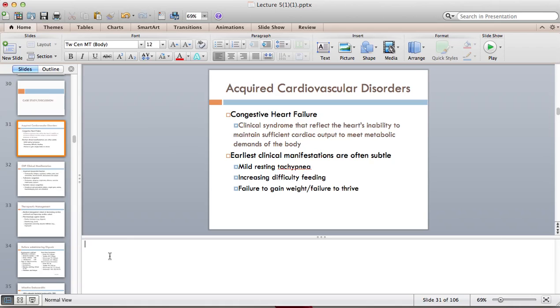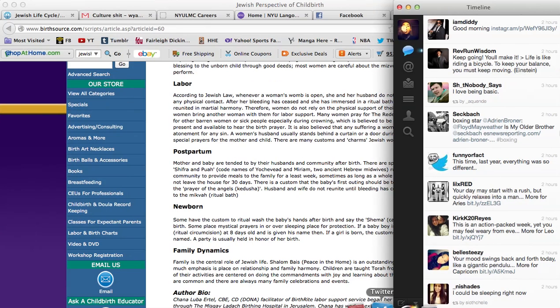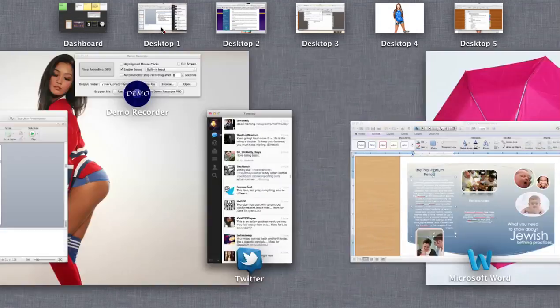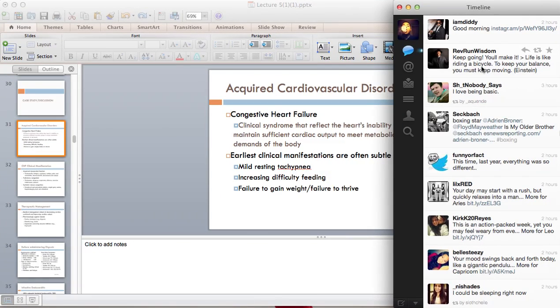Okay. However, the acquired ones are the ones that the child was not born with. The child has a normal heart at birth, but something happened and the child developed problems. Some of those can be congestive heart failure, which is defined as the inability of the heart to maintain basic function of the body.